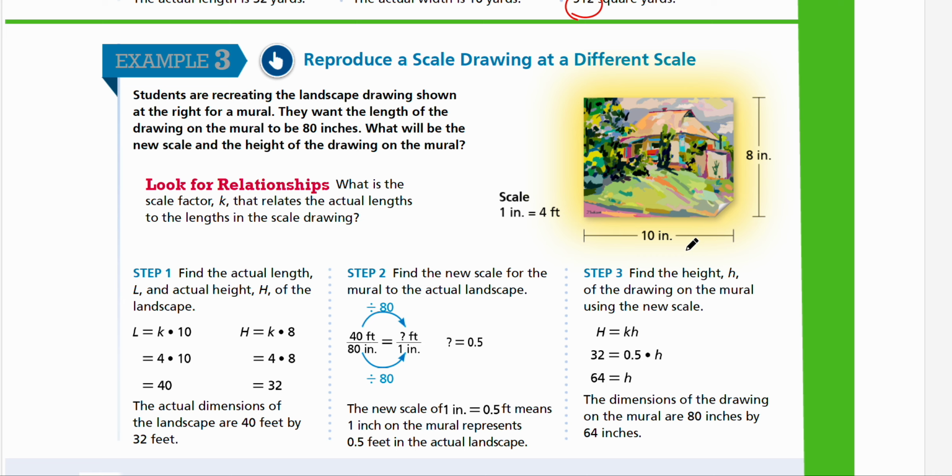So what is the scale factor k that relates the actual lengths to the lengths in the scale drawing? The scale tells you exactly that, right? It would be 4 feet per inch, so it's 4. By the way, we want to make sure that the numerator is the actual unit, the actual length over what it's modeled, because we want to write an equation that converts the modeled length to the actual length.